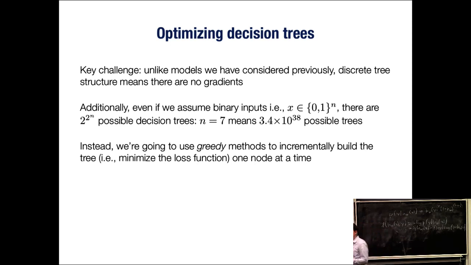These theta parameters encode structural things about a tree. They encode which index you use, and that's not something you can differentiate. You can't make small modifications to a tree so that it's a little bit like this node being the first one, but a little bit like this other node being the first one. It doesn't really work. So that means there are no gradients, and we can't do things like gradient descent to optimize these things.